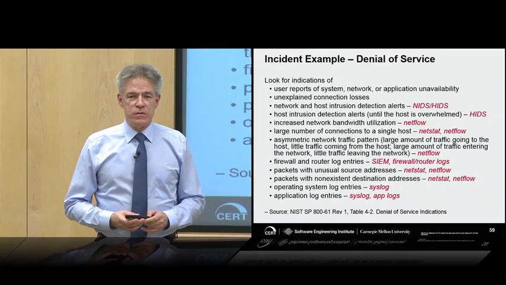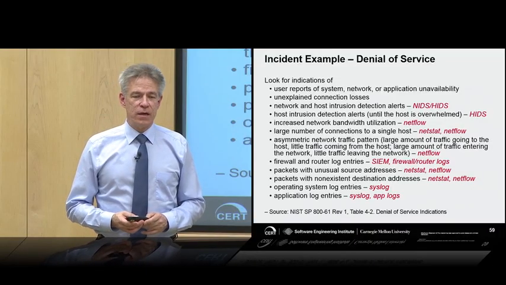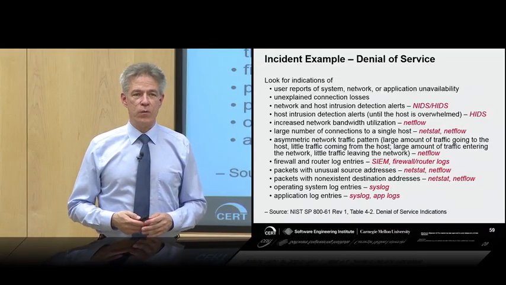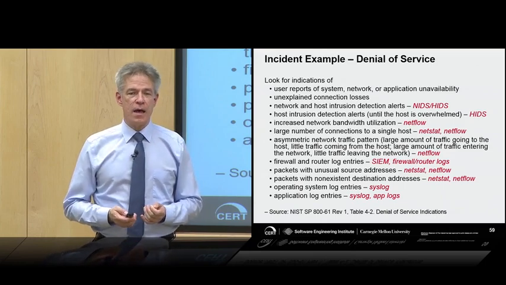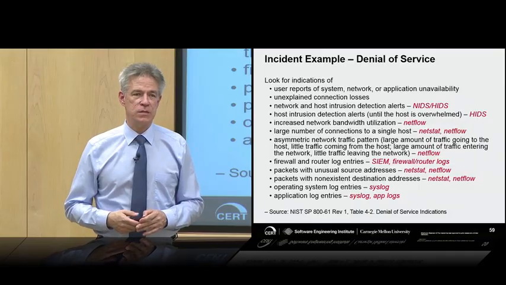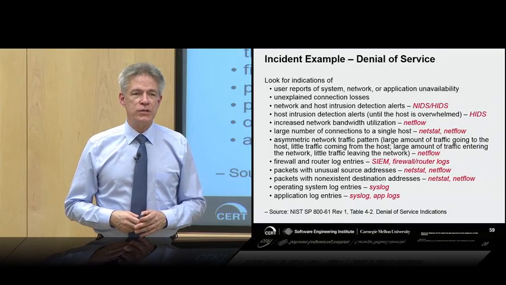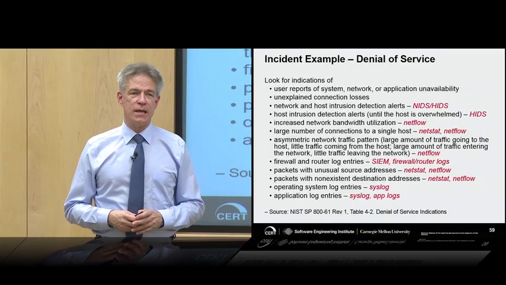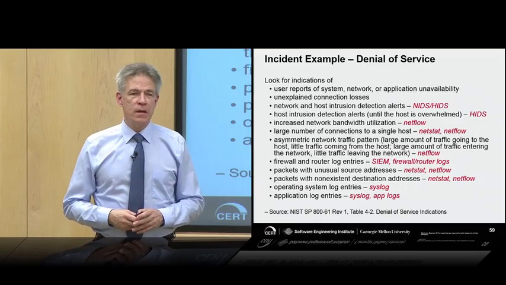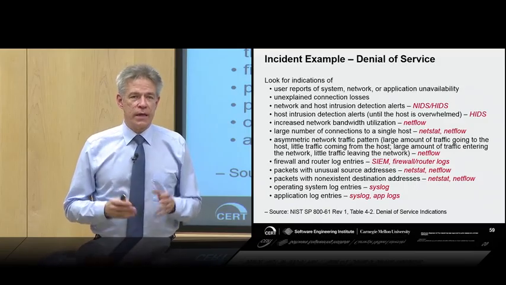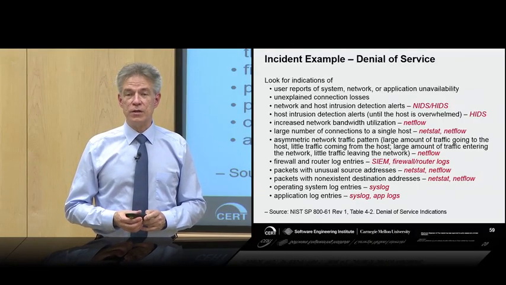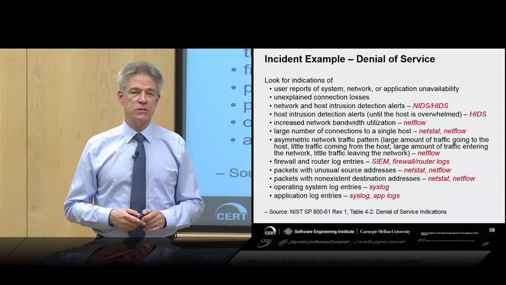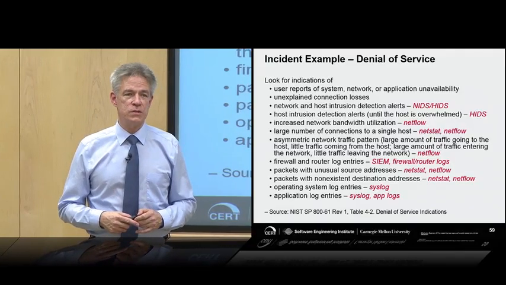You might have some of these denial of service indicators alerted by your network or host-based detection systems. NetFlow might show spikes in anomalous network bandwidth utilization. NetFlow and other tools like NetStat on the local host can show suspicious or large numbers of unexpected network connections to that host from other sources.